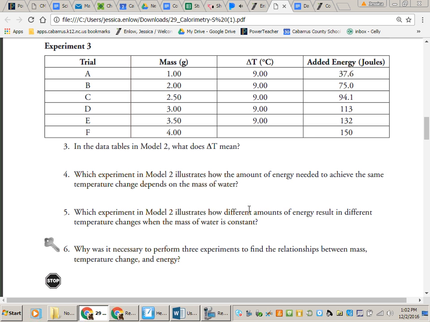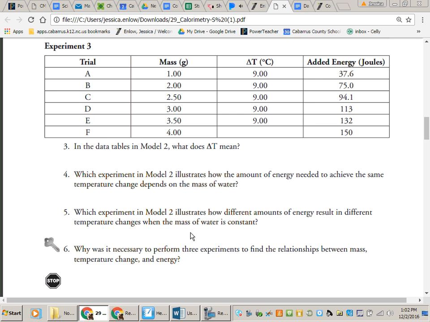All right, which experiment illustrates how much energy is needed to achieve the same temperature change, so the temperature change depends on the mass of the water? Which experiment did you guys say? So experiment 3, and you're seeing that because the mass of water is different and the temperature change is staying the same throughout, and you can look at the energy is different there.